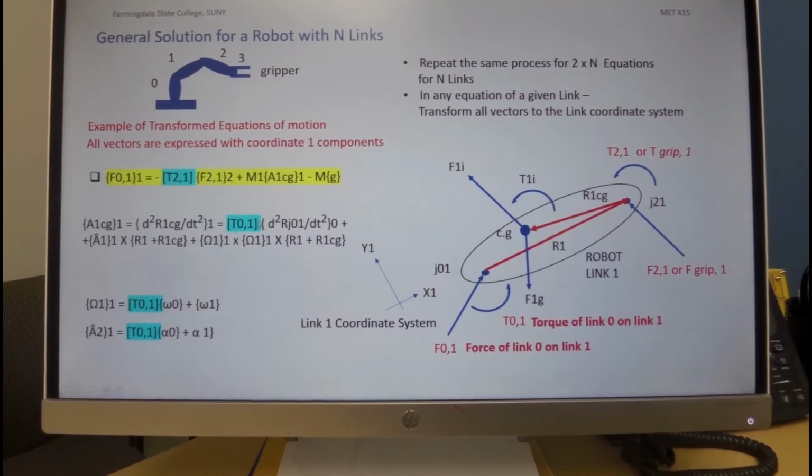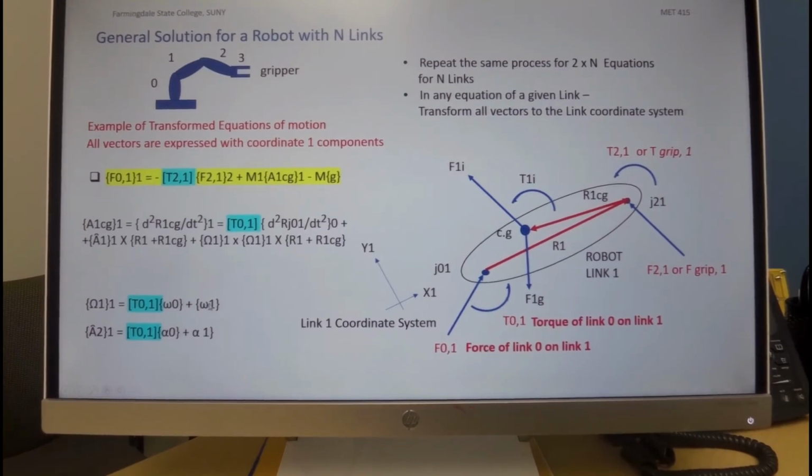Now, when we talk about this particular transformation of omega, omega 1 is the absolute angular velocity of link 1, but it is equal to the sum of the two relative velocities, one velocity of 0,1 with respect to inertia, and one velocity of system 1 with respect to system 0, which is omega 1.